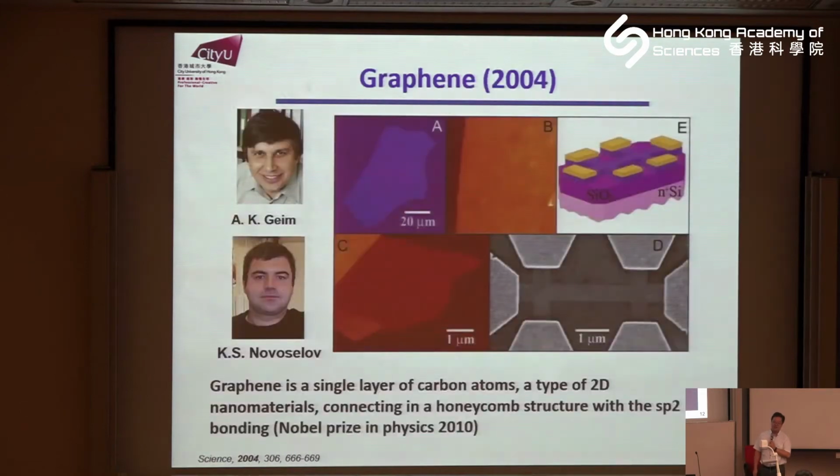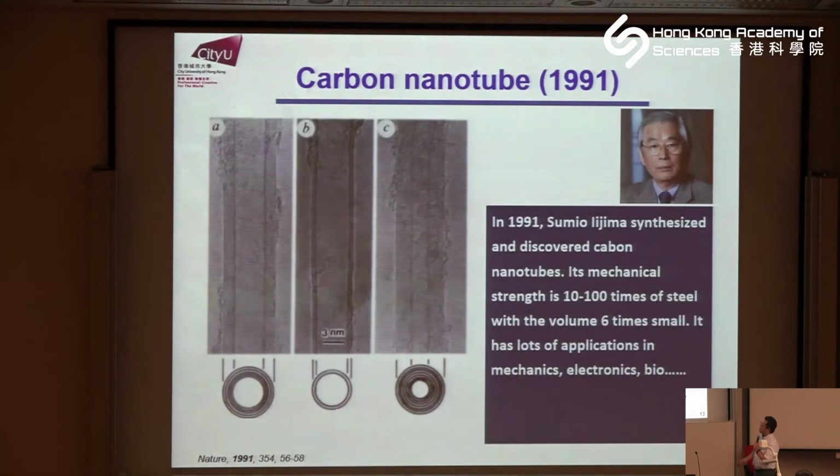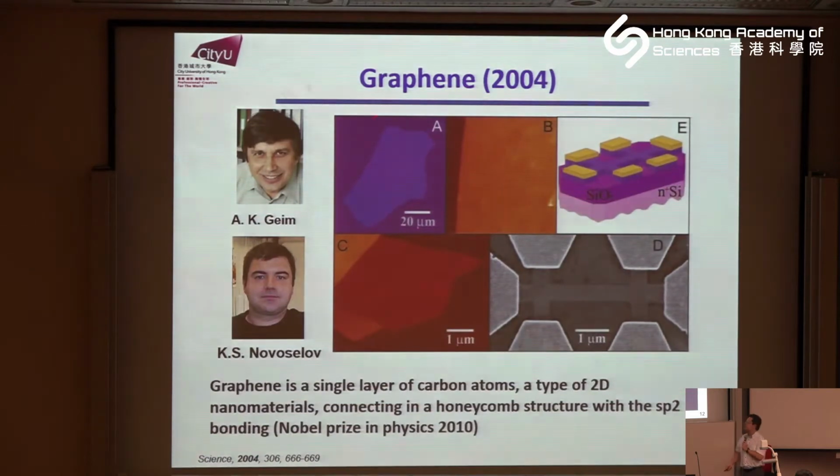Okay? So, talk about the graphene business. Graphene is actually very similar to carbon nanotubes because you can think about one layer of carbon atoms wrapped along in a tube. But graphene just opens up the tube. If you open up the tube, it's like a two-dimensional sheet. So that means it's just one single layer of carbon atoms connecting to each other. However, those carbon atoms are formed in a very unique configuration called sp2.